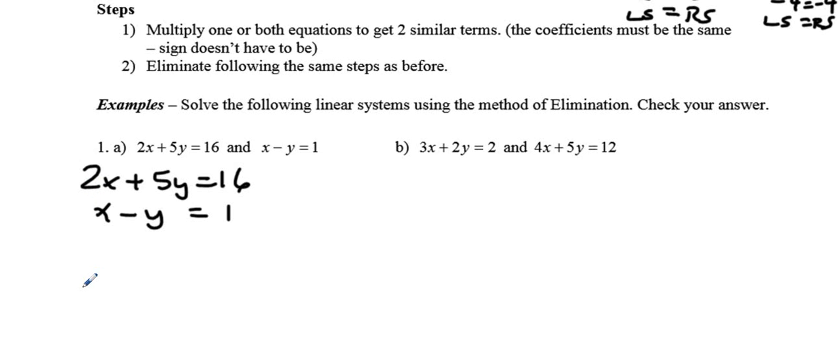So this first one is pretty straightforward. I can see that if I multiplied the second equation, so we'll call this 1 and call this 2, by 2, then I would have the x's the same. Or if I multiplied the second equation by 5, then I would have the y's the same with different signs, which still means I can eliminate it.